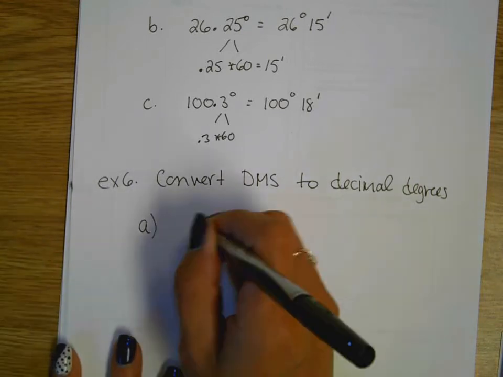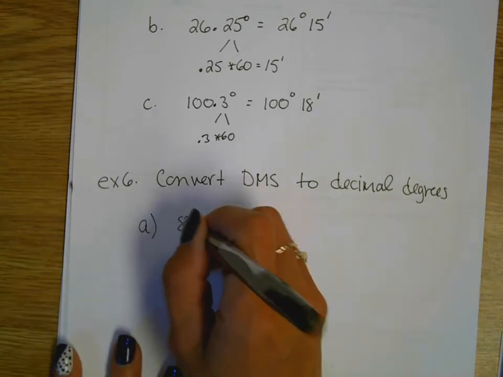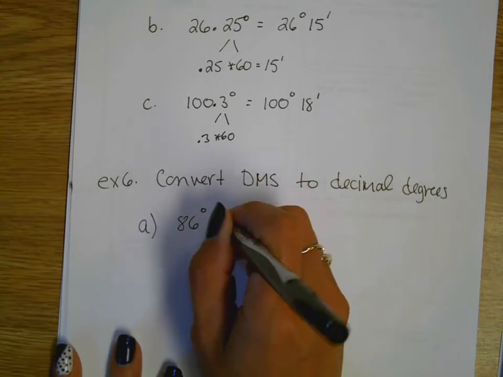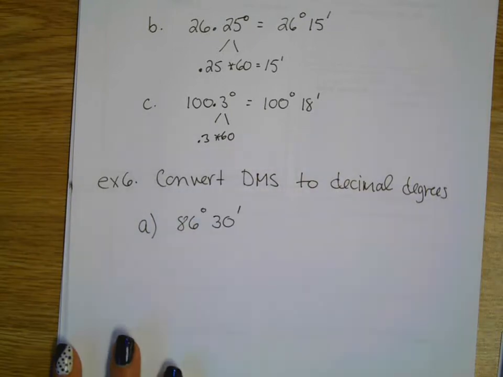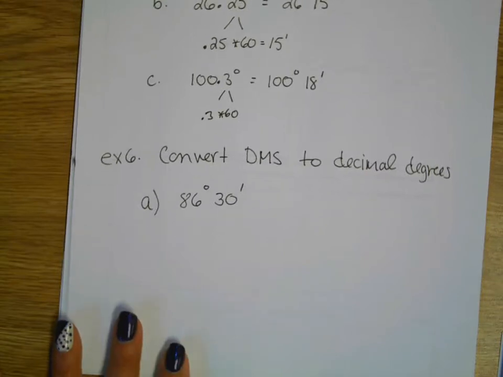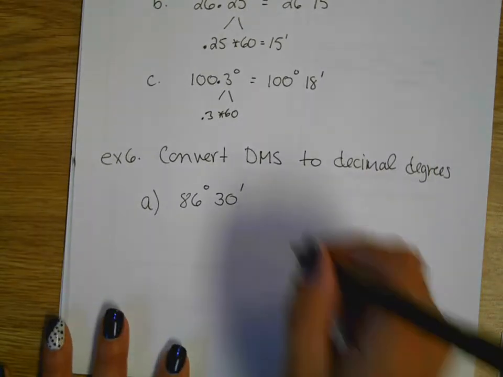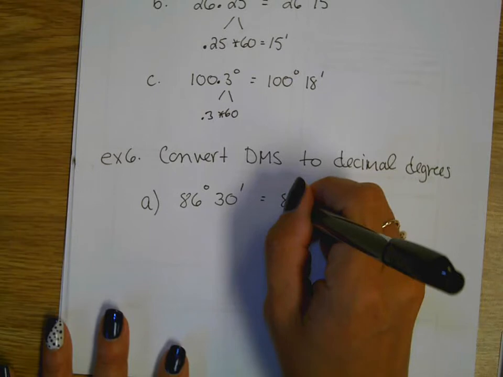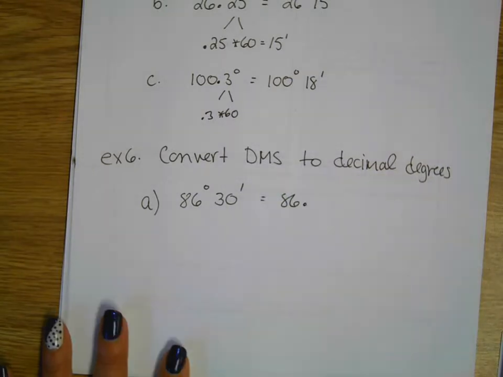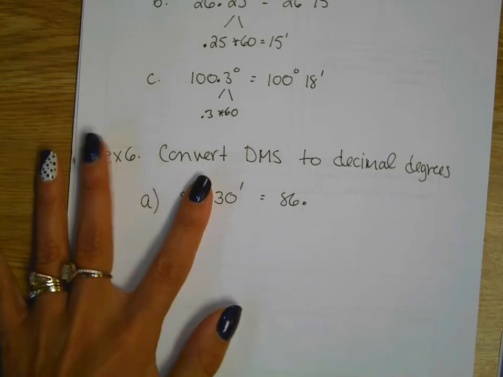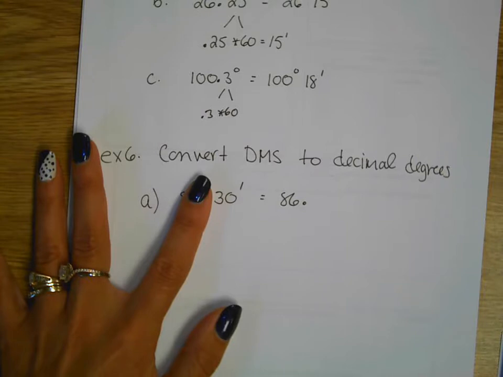Start simple again. 86 degrees, 30 minutes. Okay, 30 minutes. What decimal part or fractional part of a degree is it? It's a half, so we're going to put in 0.5.